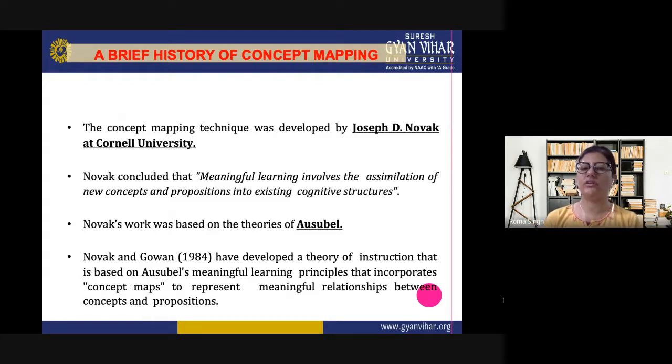It was actually based on the theories of Ausubel. Novak and Gowin in 1984 developed a theory of instruction based on Ausubel's meaningful learning principles, which incorporates concept maps so that they can represent meaningful relationships between concepts and propositions.